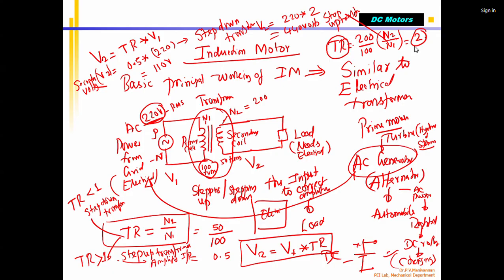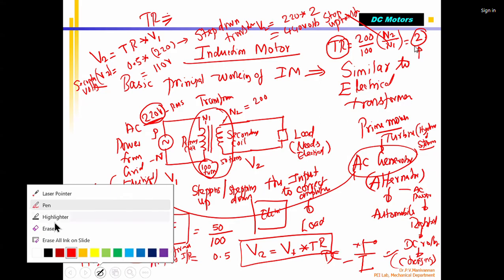Transformer ratio is nothing but the number of secondary coils divided by the number of primary coils. So while you are making a transformer, you decide what the transformer ratio should be. TR cannot be equal to 0, it should be greater than 0.